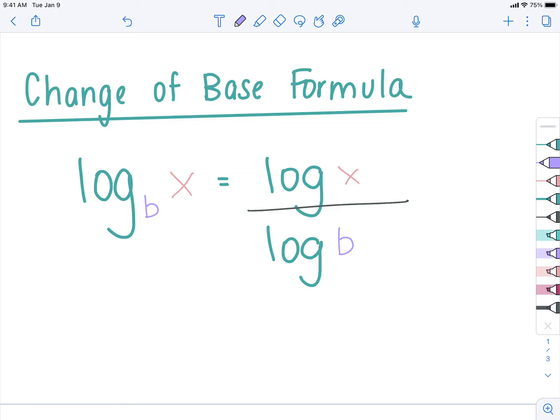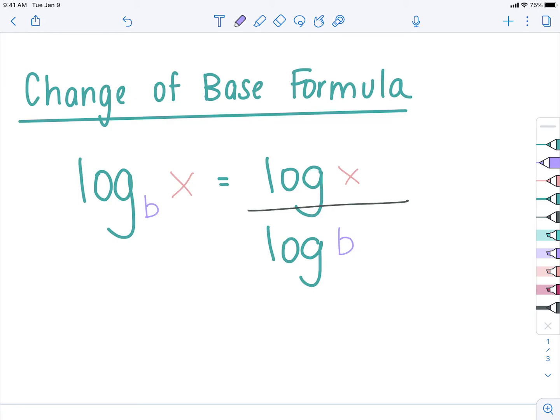When we don't have a base written there, it's just assumed to be 10. So the calculator is programmed to use logs base 10. So in order for us to put it in the calculator, we've got to use log base 10, because that's the only button that we have on our calculator to actually push.